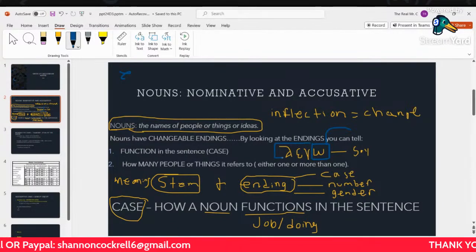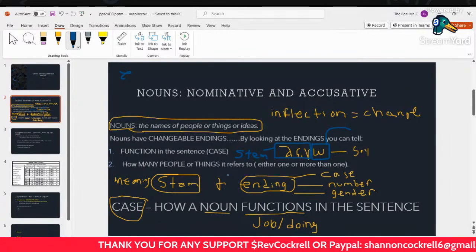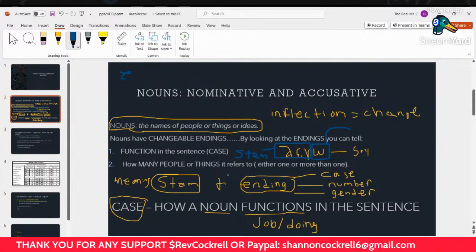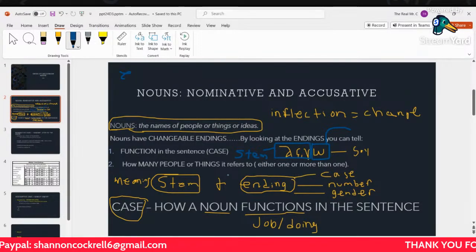This leg is your root or your stem. So, noun endings. The endings of the noun are going to tell you three things: case, number, gender. And we're going to get into that.